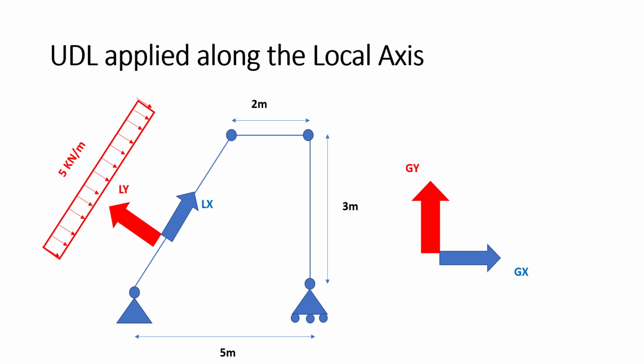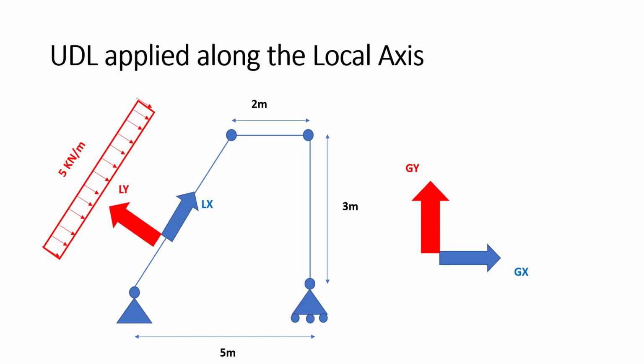Now, if you are not sure how the beta 0 orientation of the local x-axis of this member is like this, you can always refer to the session where we had discussed this in detail by clicking on the link that is appearing on the screen right now.